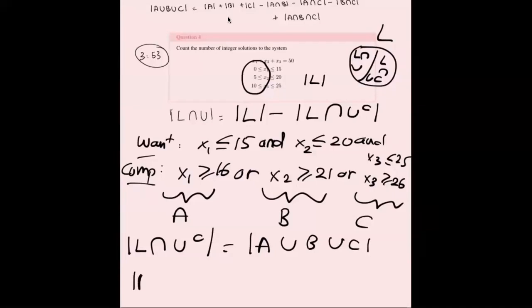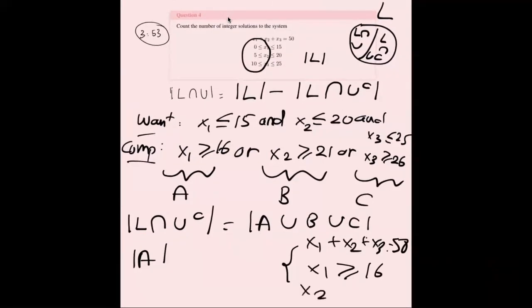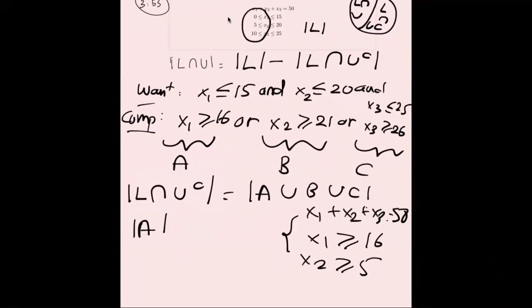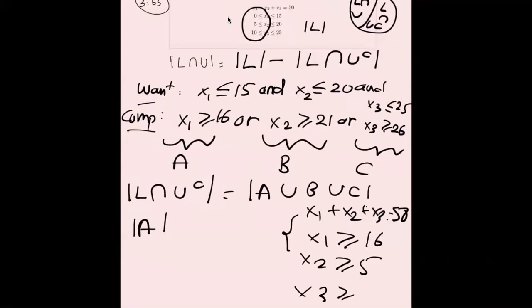For example, if I want to calculate cardinality of A, how many non-negative integer solutions are there such that it satisfies the lower bound and also satisfied A, which means I want X1 plus X2 plus X3 is equal to 50, but then X1 is at least 16, X2 is at least 5, and X3 is at least 10.